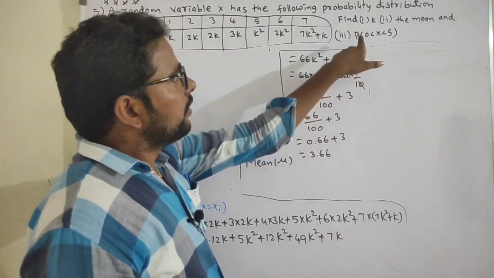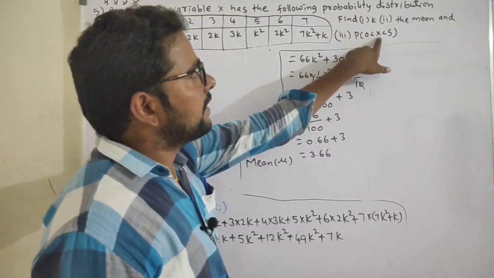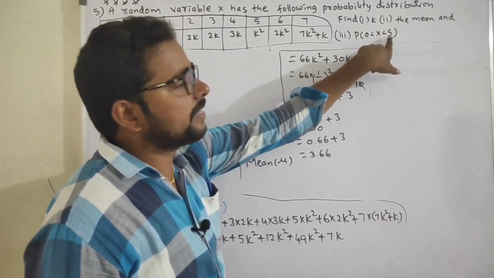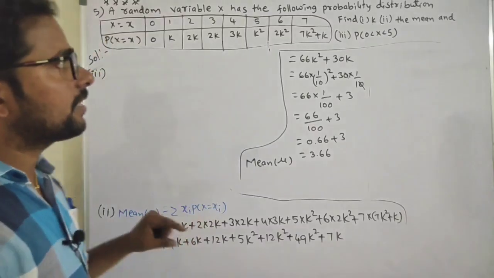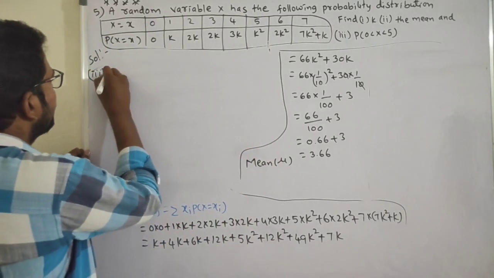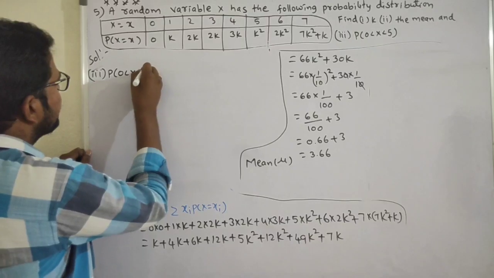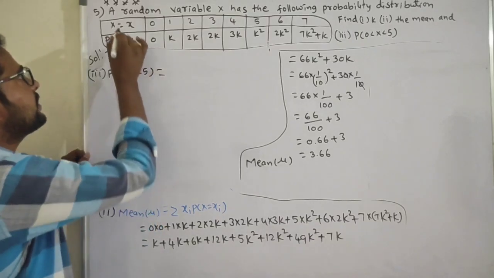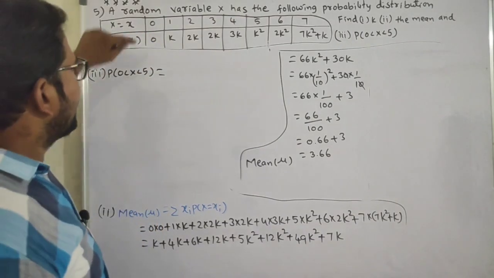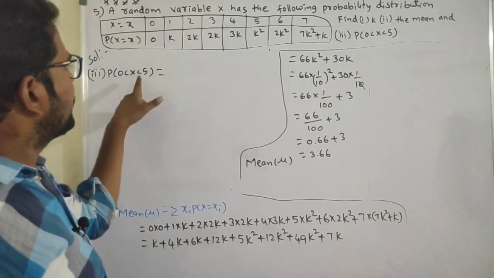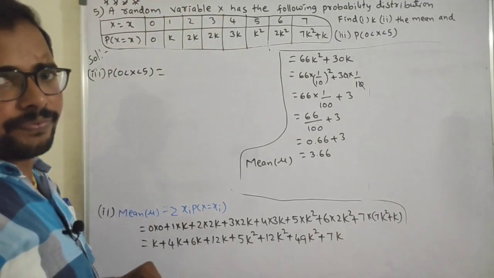Now the third one, P of 0 less than x less than 5. So the x value is greater than 0 and less than 5. P of 0 less than x less than 5 is equal to, these are the x values. Greater than 0 means 1, 2, 3, 4, and less than 5 means the same, up to 4 only.